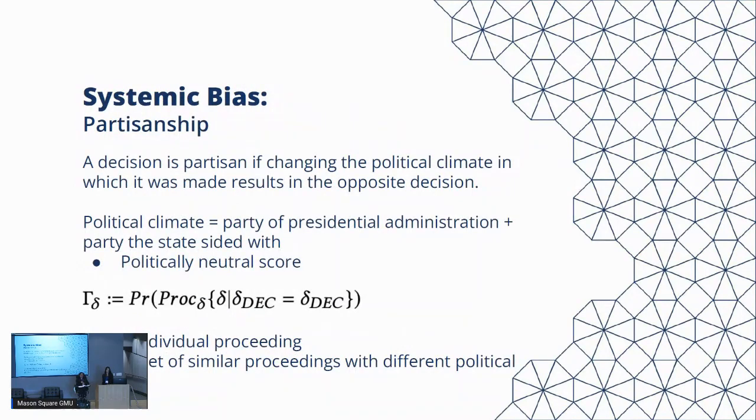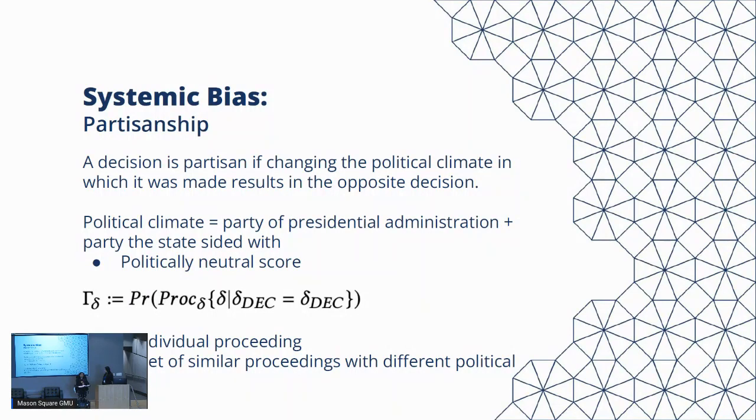On the other hand, we conceptualize systemic bias as partisanship. Once again, relying on this framework of counterfactual fairness, we defined a decision as partisan if changing the political climate in which it was made resulted in the opposite decision.